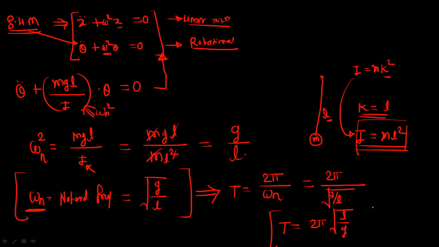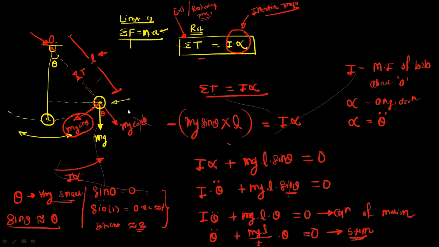Okay. So this is the equation that you must have used in first year engineering mechanics to find out the time period or to find out the acceleration due to gravity. So T is equal to 2 pi under root l upon g. So this will give the time period. So this is how you can find out the natural frequency and time period for the simple pendulum by using Newton's second law. Okay, so I hope you have understood this.